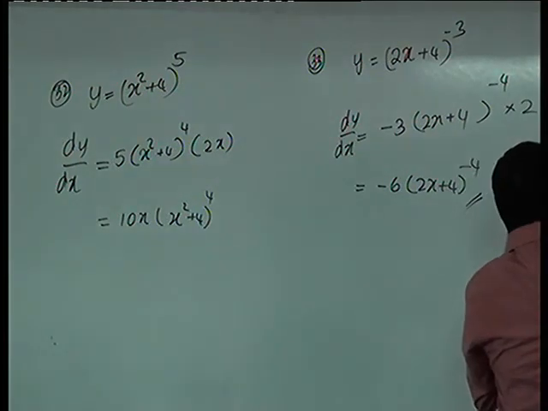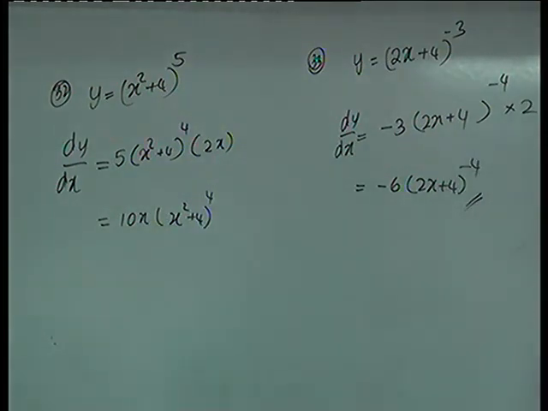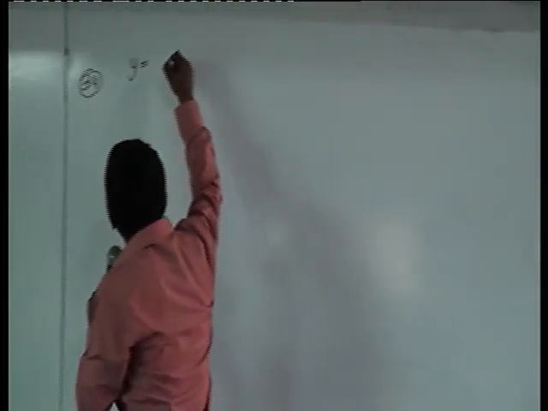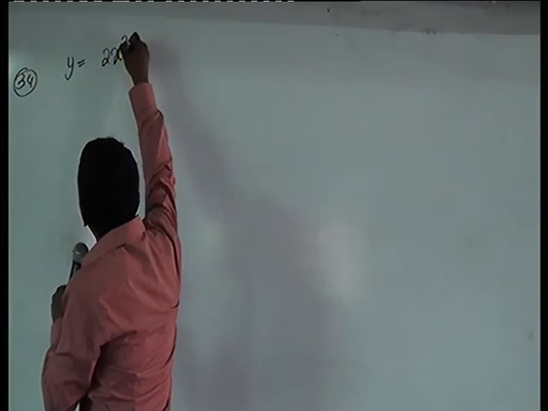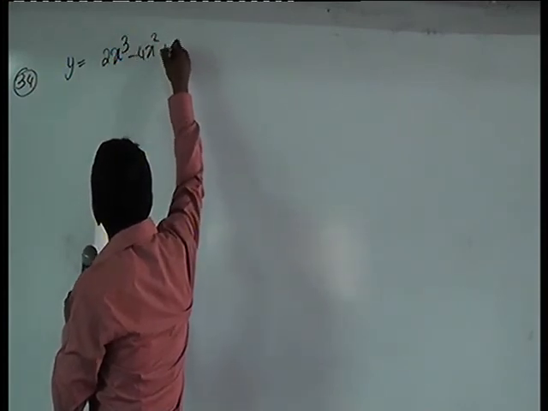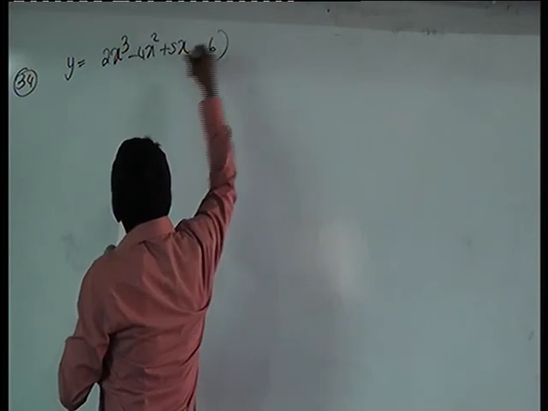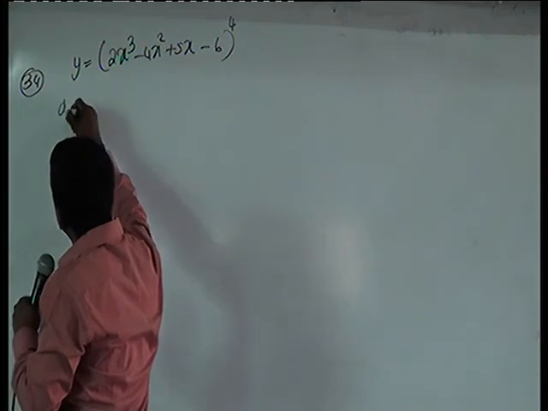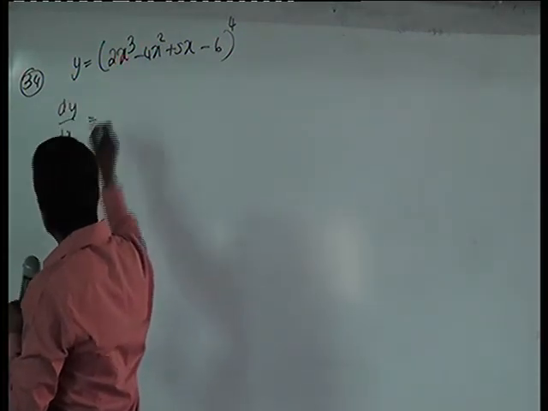Question 34: y is equal to 2x cubed minus 4x squared plus 5x minus 6, to the power 4. Find dy by dx. Just assume that the whole thing is x.